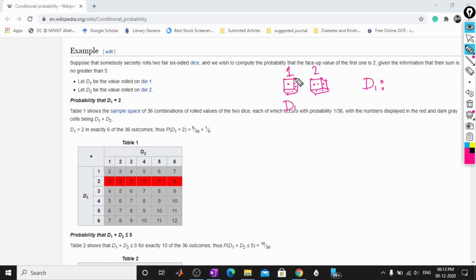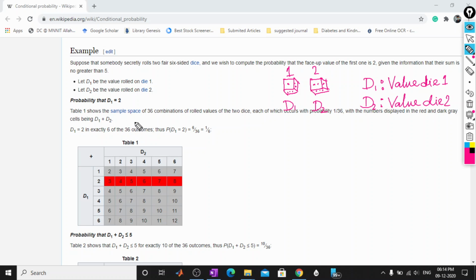If we throw the first die, whatever value occurs is the value of event d1, the value of die 1. And d2 is the value of die 2. So these are the two events we assume.